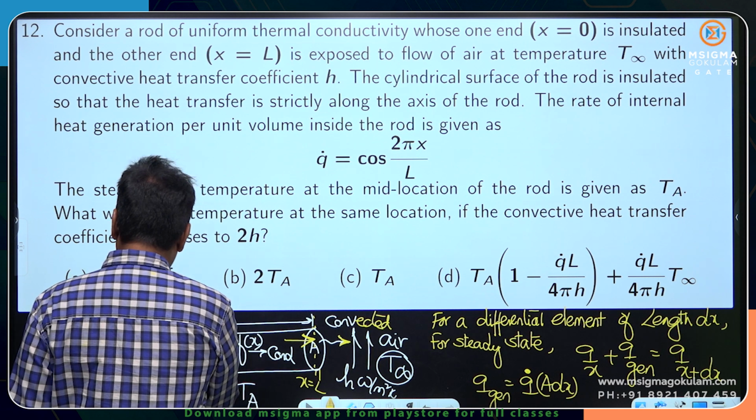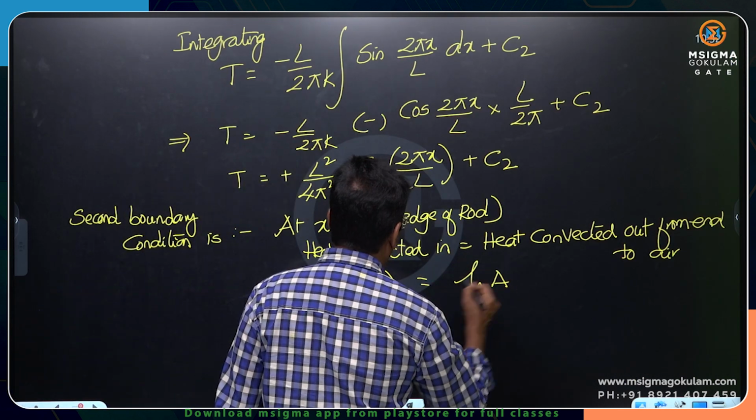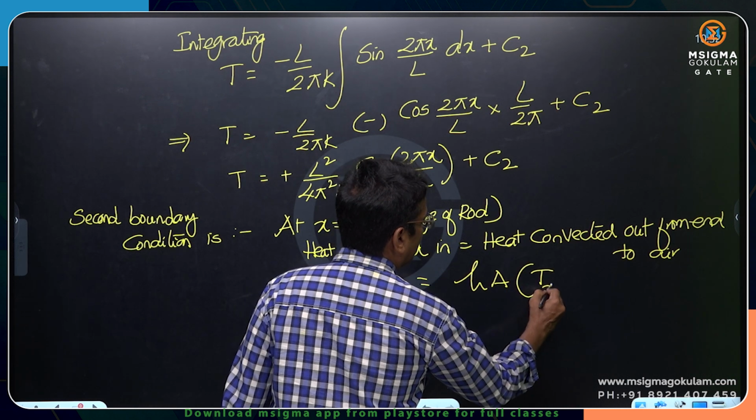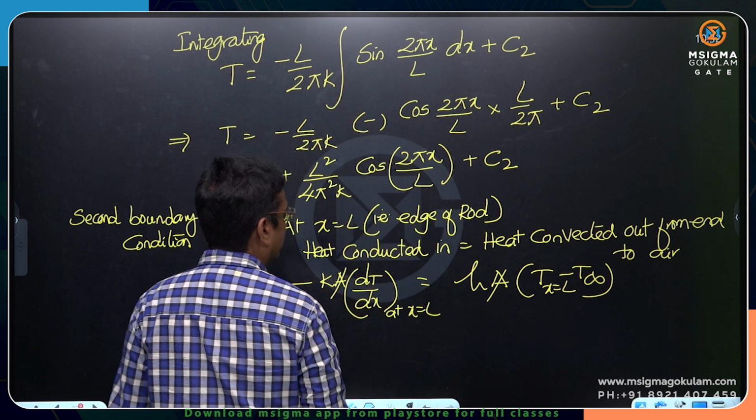But how do you get the convection law? Convection is always given by Newton's law of cooling: hA times temperature at x is equal to L minus T infinity. A gets cancelled, right?